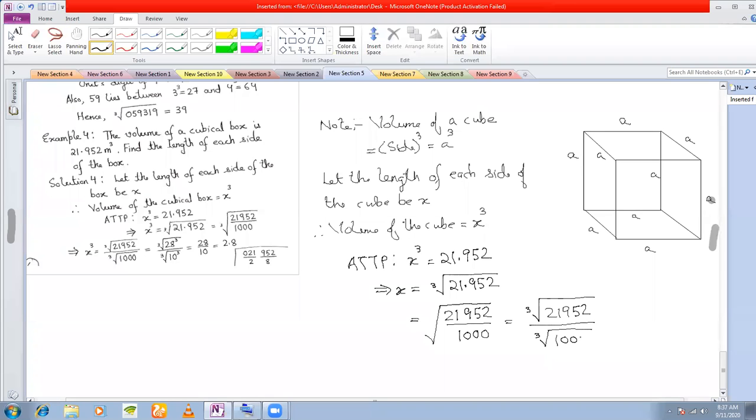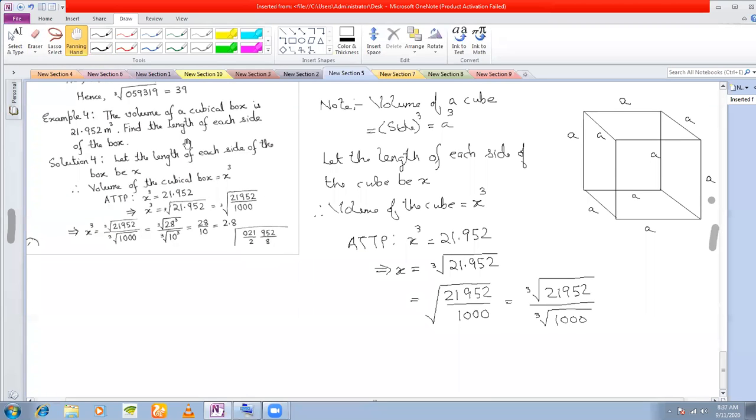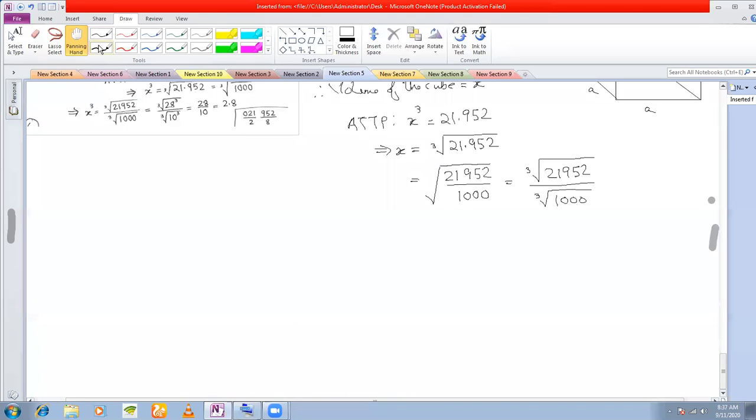Now what should be the cube root of 21952? Again, you can do the prime factorization method, but better still, the approximation method will work faster here. So by the approximation method, let's do a little rough work here, on the right hand side. 21952.